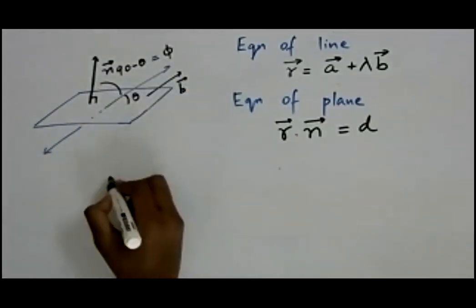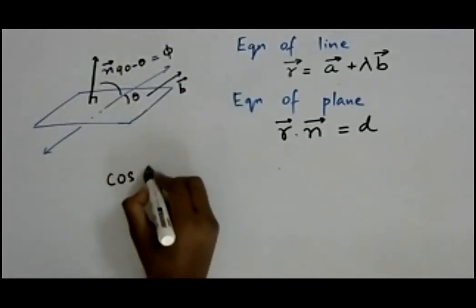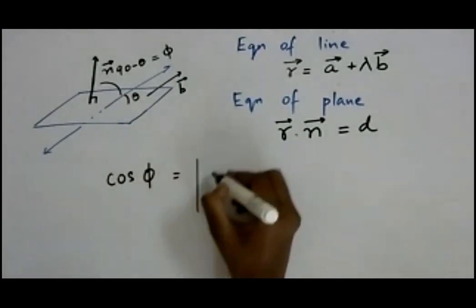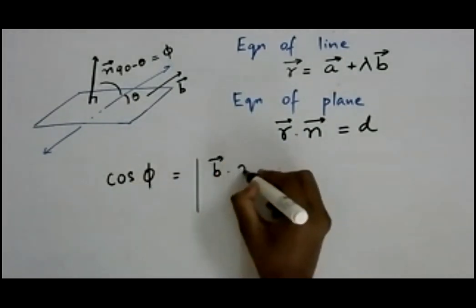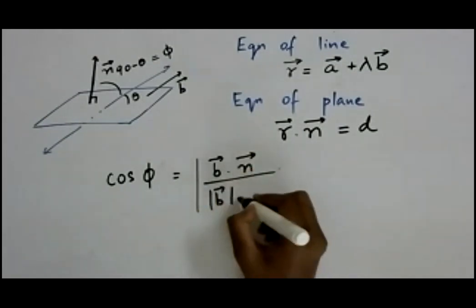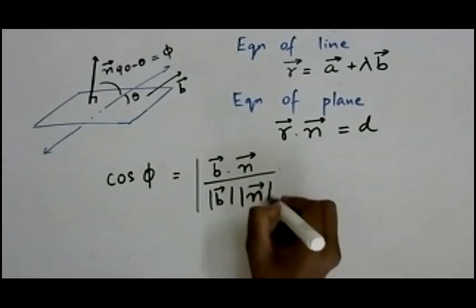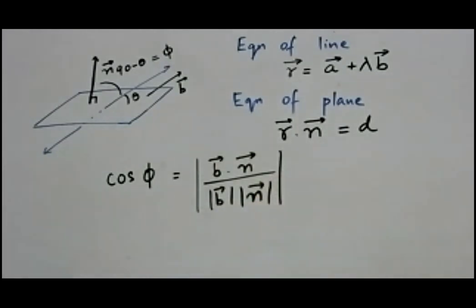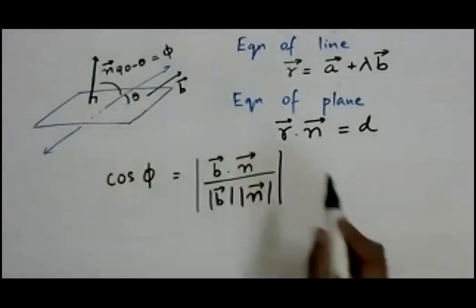Now we know that cos of phi is going to be equal to b vector dotted with n vector, the whole upon magnitude of b vector times magnitude of n vector. But what is phi here? We know phi is 90 minus theta.